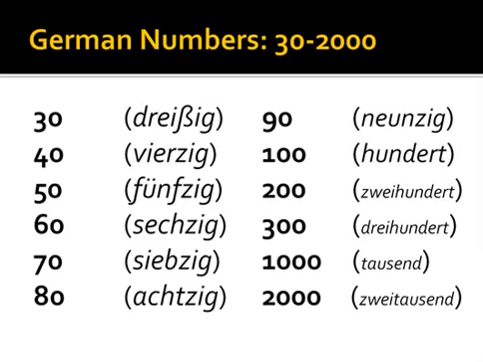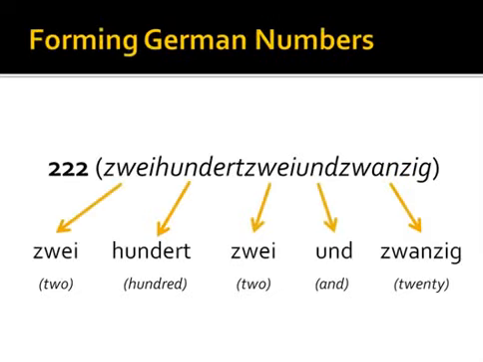Where putting numbers together is slightly more difficult is if we have a number like 222. So let's take this one apart. In German we start with the highest number. So in this case it's 200.